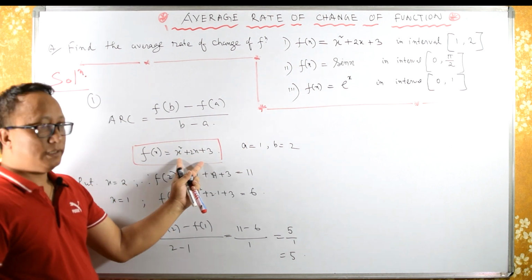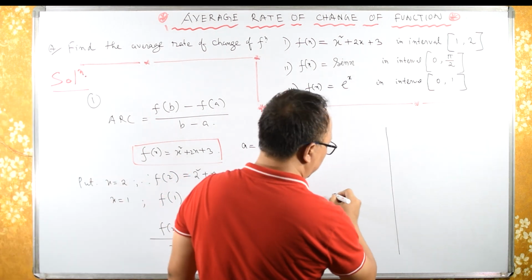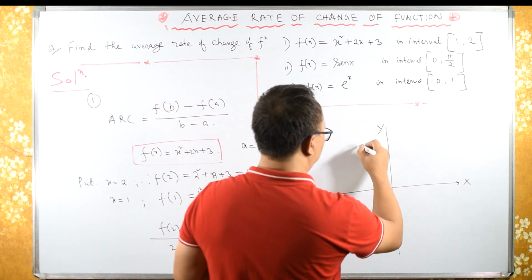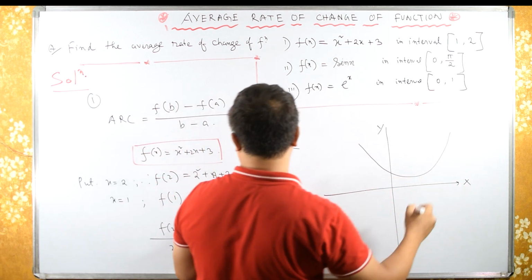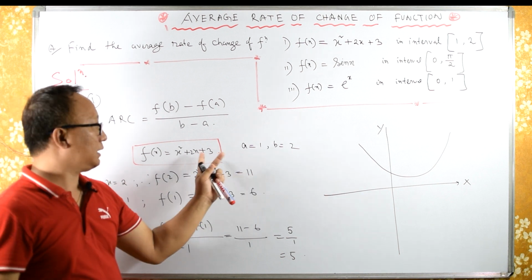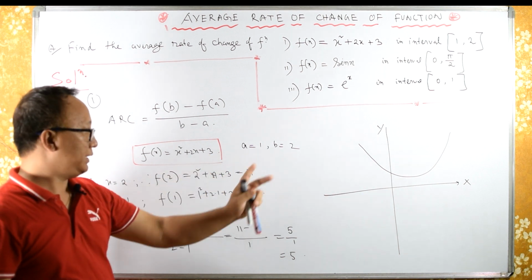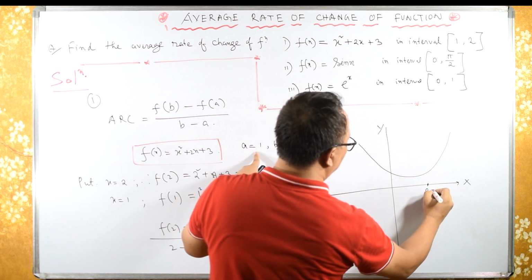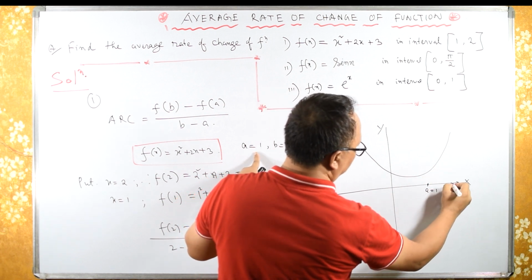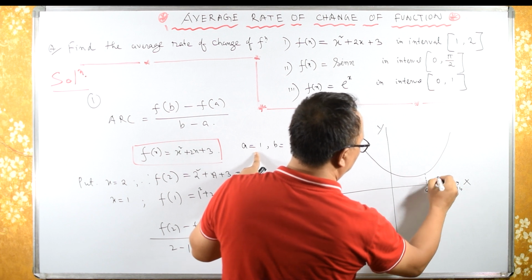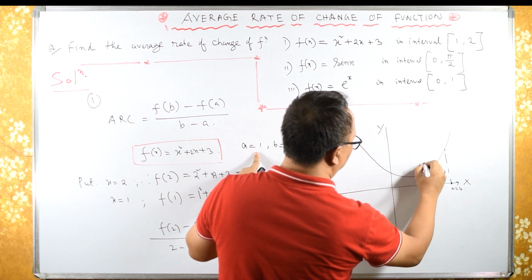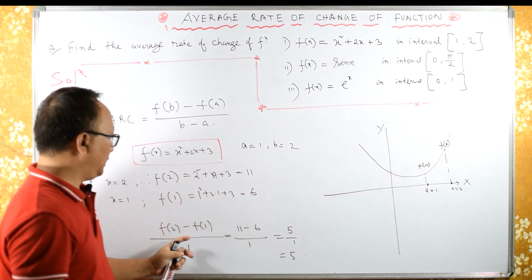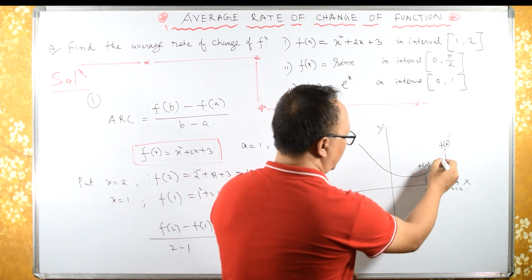Okay, let's picturize it. Say for example we have the x-axis and y-axis, and the graph goes like this. It's not exactly the graph which we are doing. When a equals 1 and b is over here, we have f of a here and f of b here.